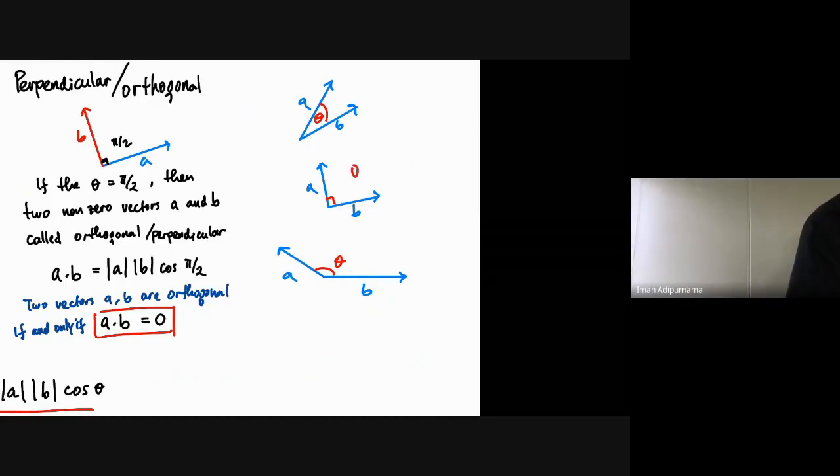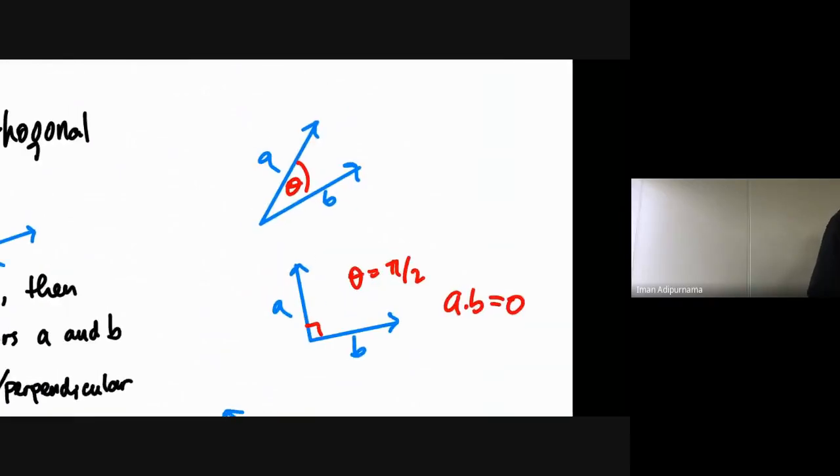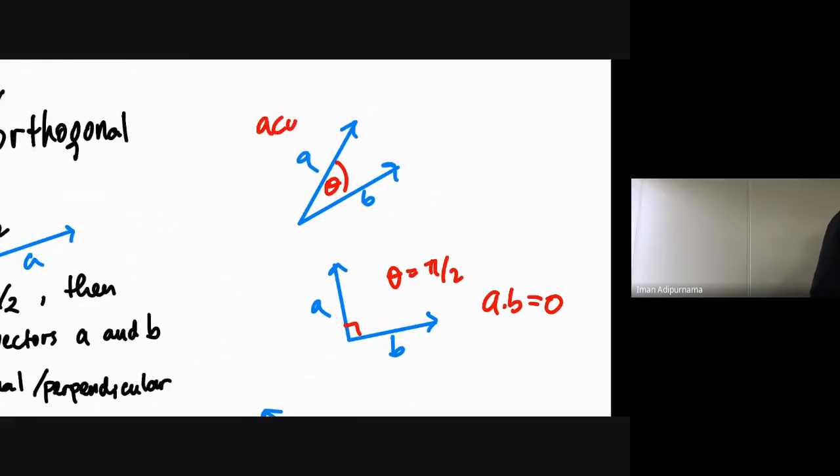We already know theta is pi over 2 becomes orthogonal to each other, or A dot B is equal to 0. The first one, the top one here, we call this acute, right?